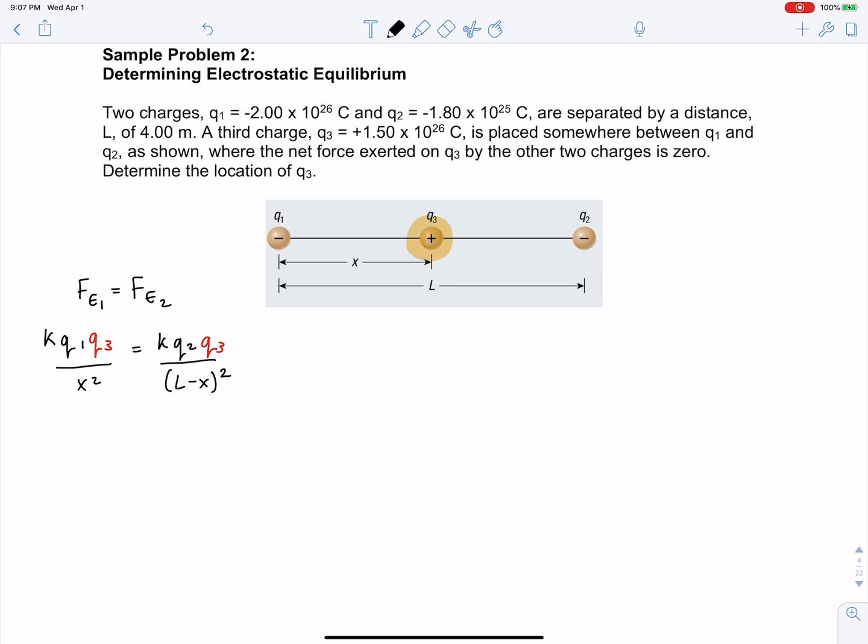Our job is to solve for x. Let's start by cleaning up whatever we can here. We have k and Q3 on both sides of this equation, so we can actually cancel them out. When we do, we are left with Q1 over x squared is equal to Q2 over L minus x all squared.